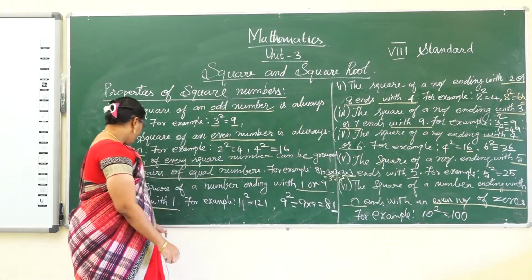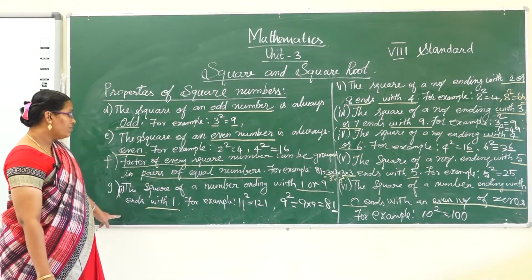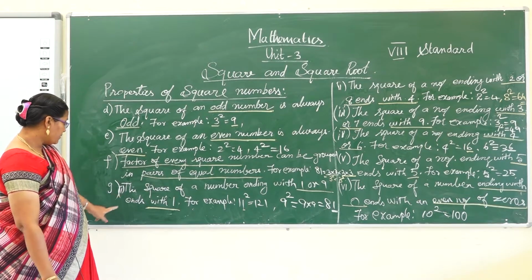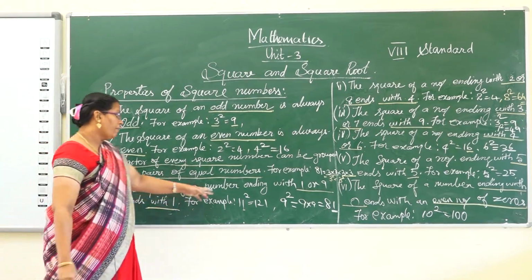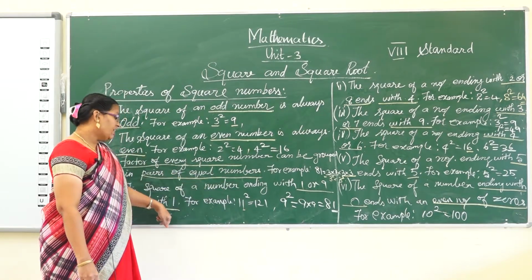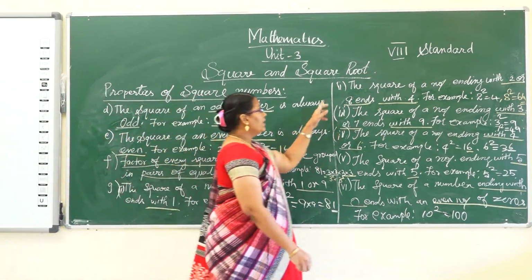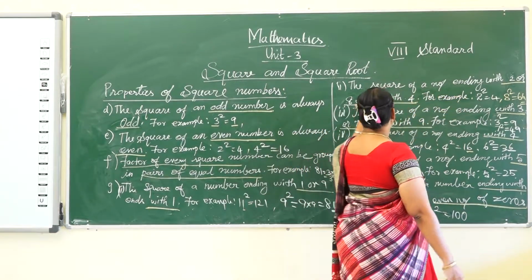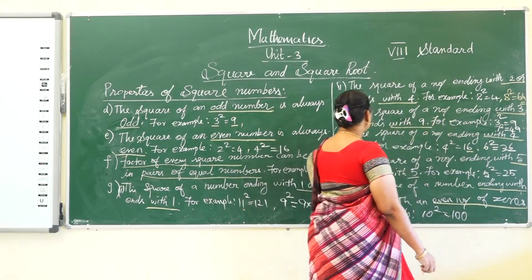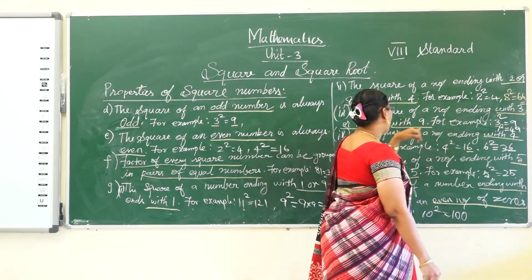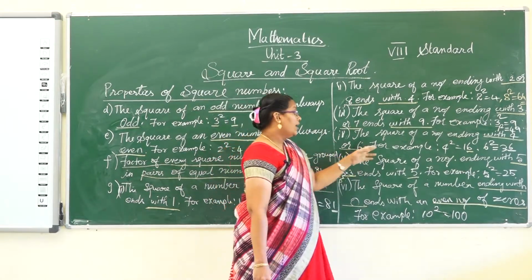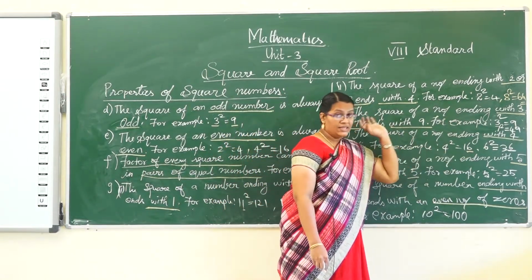These are all applied in problems, very important in the G property. So once again, let me recap the G property. The square of a number ending with 1 or 9 ends with 1, the square of a number ending with 2 or 8 ends with 4, the square of a number ending with 3 or 7 ends with 9, and the square of a number ending with 4 or 6 ends with 6.